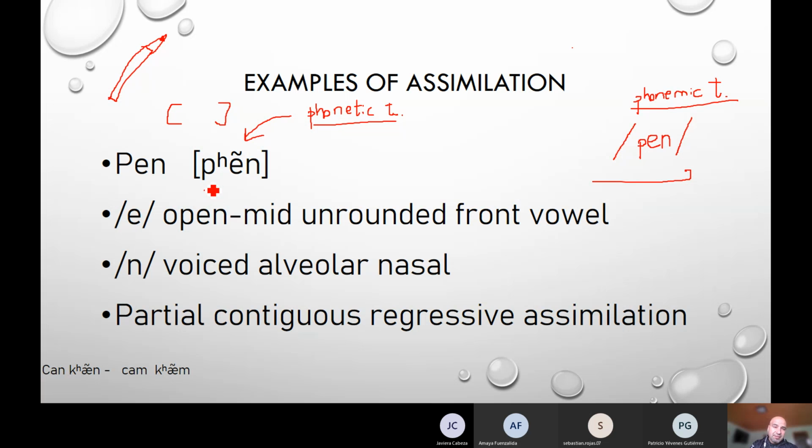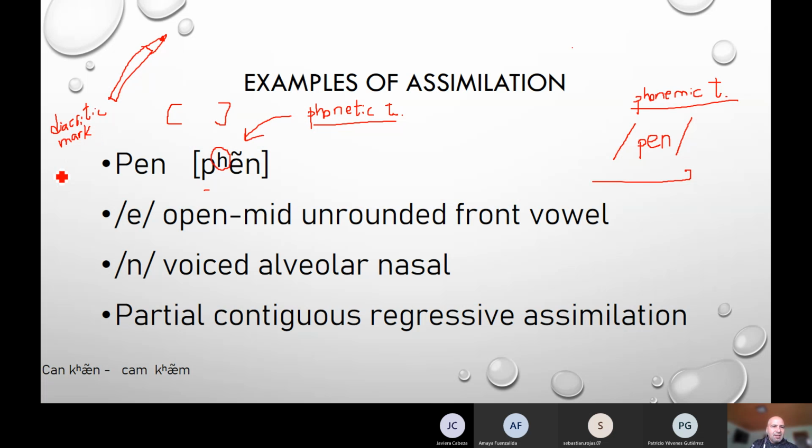P is a plosive sound, and it is aspirated. How can we show that this consonant sound is aspirated? By this symbol, this diacritic mark. So this little symbol that resembles an H, right?